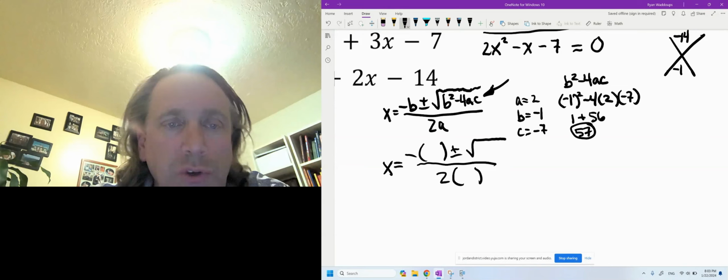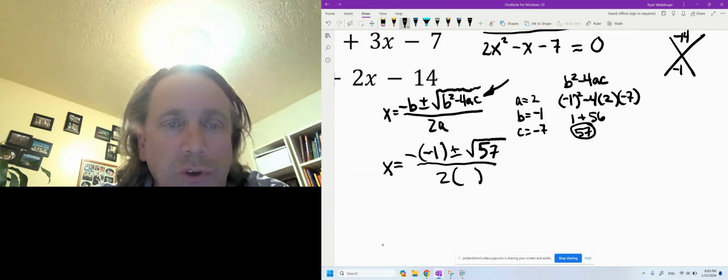Okay. So b is -1, so I put -1 inside the parentheses. My discriminant is 57, so I put 57 under the radical.